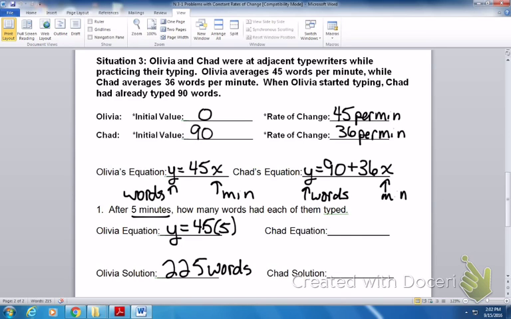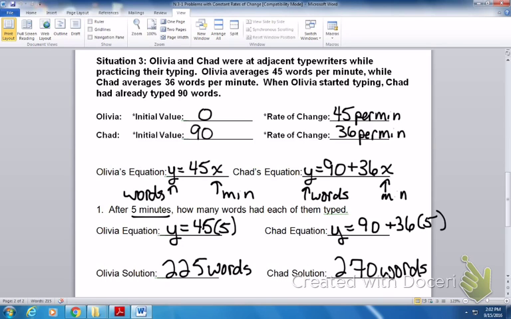Now Chad, we're also going to be plugging in 5 for x, but his equation's different, so be careful. It's y equals 90, because he already had 90 words, plus the 36 words he can type per minute times 5 minutes. Then we just do 90 plus 36 times 5, and you get 270 words.